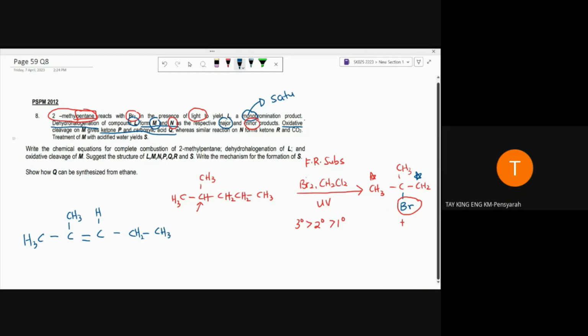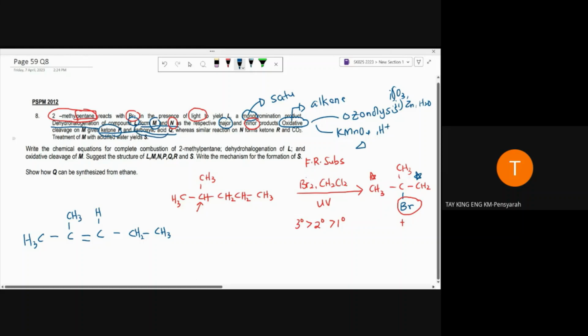So bila kita jumpa perkataan oxidative, especially dalam chapter alkene, so basically there will be two possibility. Either is undergo ozonolysis guna O3 followed by hydrolysis dengan zinc, ataupun kita akan oxidation biasa KMnO4 H plus heat. Okey, tapi soalan ini ada bagi kita hint sikit, dia adalah keton dengan carboxylic acid.